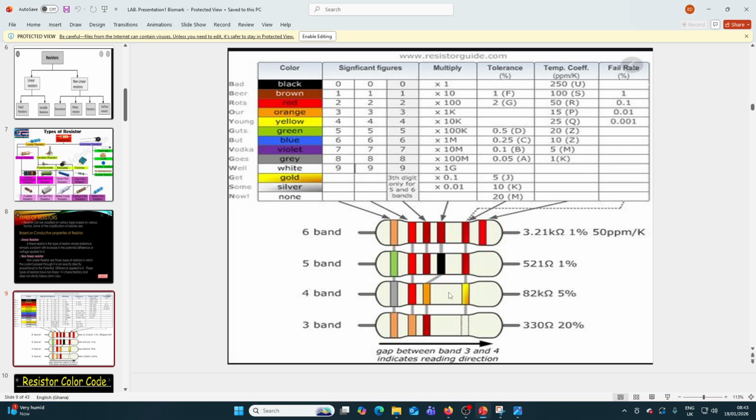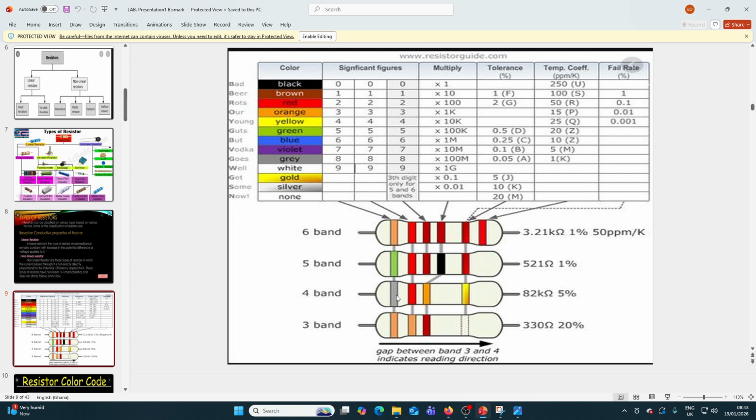So once you see a gap like this, you know that the first color starts from this side. And you can also use the color to determine, because there are some colors that usually will not be a first color. So for example, this one, once you see gold, you know that gold is the last color, so you start from the opposite side.